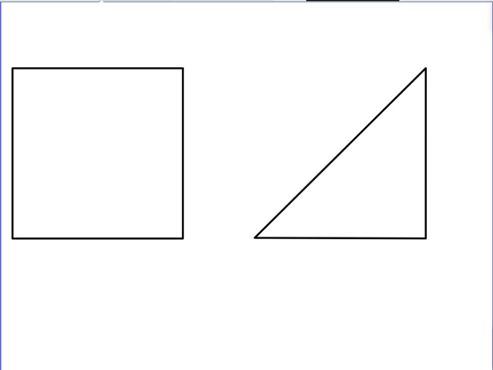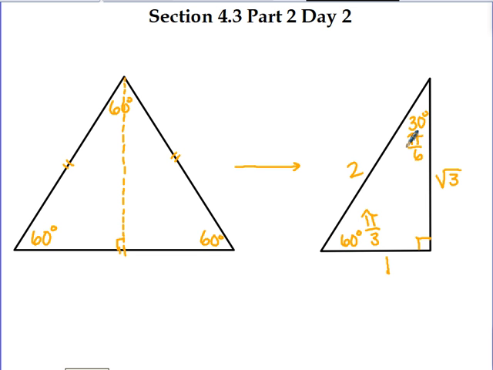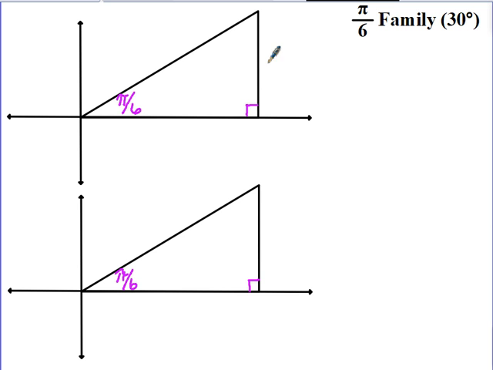So if I go back and look, here's the pi over 6. So now I'm just orienting it in the first quadrant. So if I put this down there, this side is still 1, still across from the pi over 6. 2 is still the hypotenuse, and the adjacent side is still square root of 3.